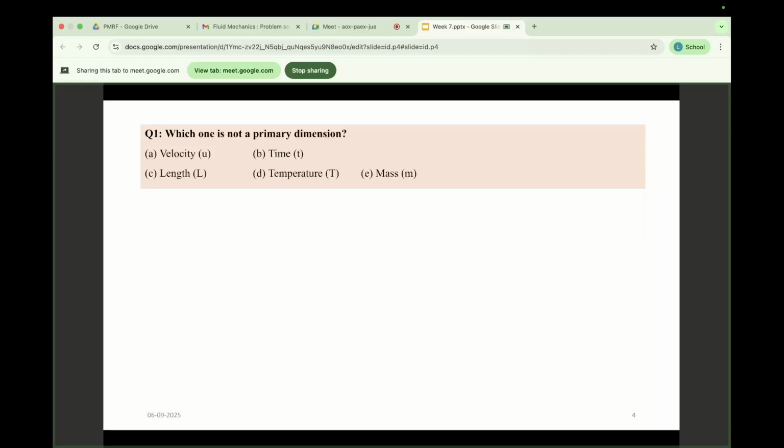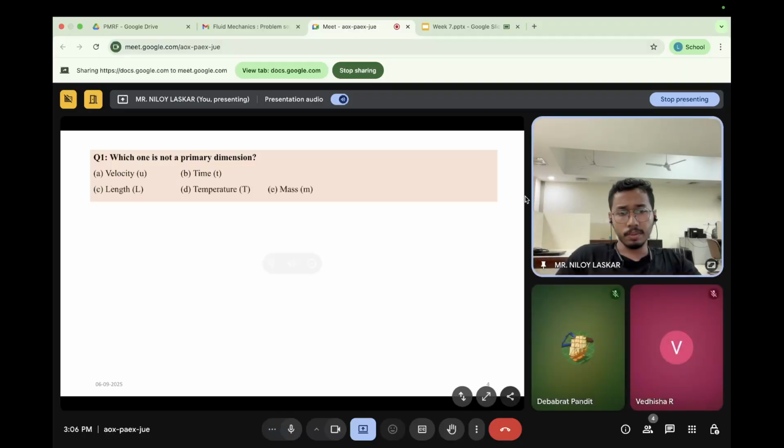Okay, this is the first question. It asks which of the following is not a primary dimension: velocity, time, length, temperature, or mass. These 5 options are given, and you have to answer which one it is. Please try to answer. I am giving you 1 minute, and after that I will explain the concept.